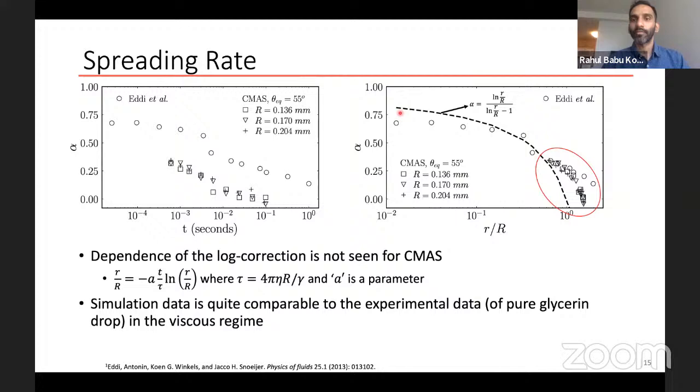So they observed that for low viscosity fluids, the slope follows this line very closely, and you'll see some deviation as the viscosity increases. We do not capture this early behavior here, but at the very end we see that it has qualitatively the same downward slope as the expected theoretical value.